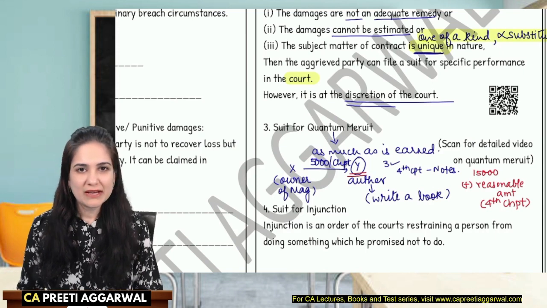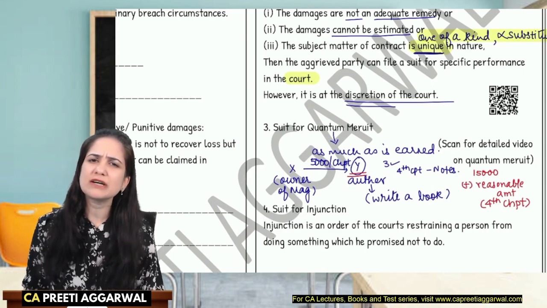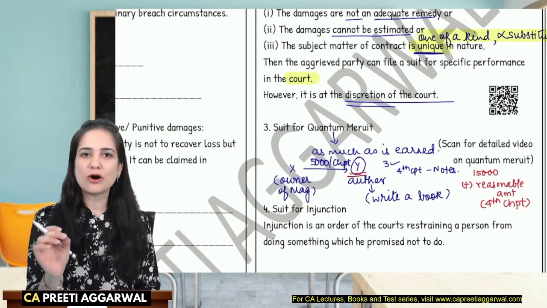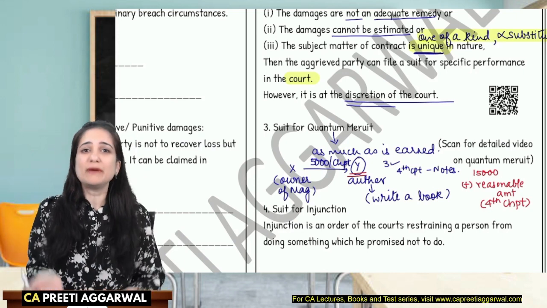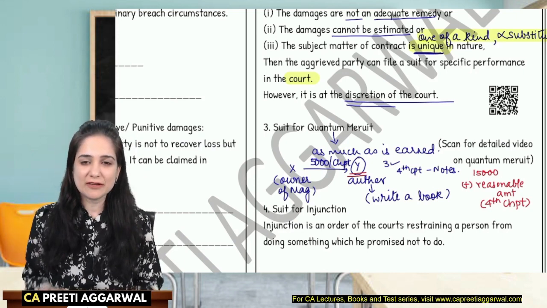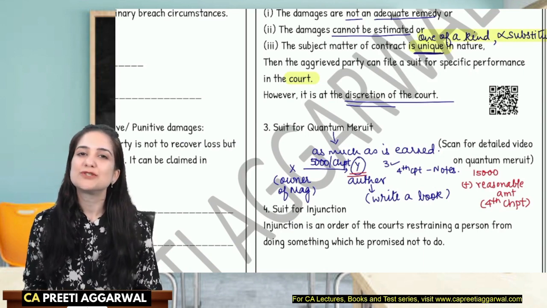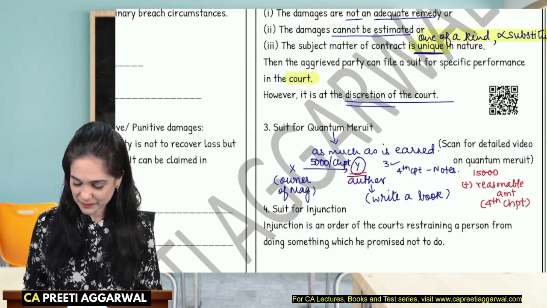So he is entitled for the work that he has done. Y is saying that yes, the contract is breached, but at least pay me for the work I have already done. Give me at least as much as I have earned. This is a suit for quantum meruit.